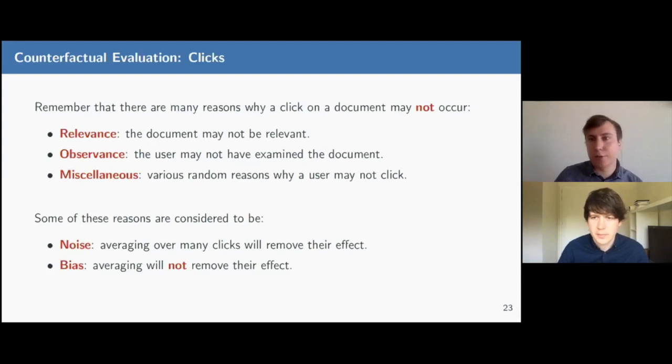You can imagine if you put a document at rank 100, very deep down in the ranking, you're never going to get a click on it, even though it might be a relevant document. Whereas a document at the top of the ranking might get a lot of clicks. This phenomenon is typically called position bias, where the position of the document matters.